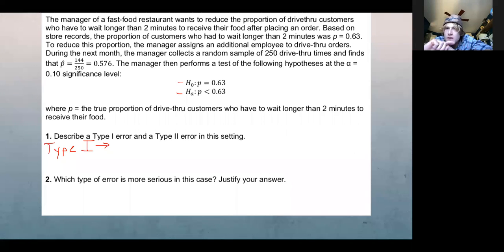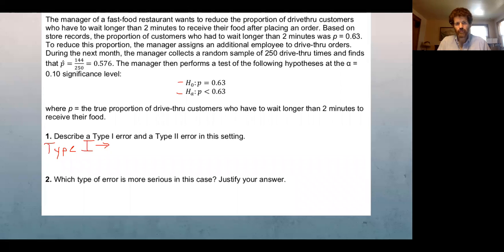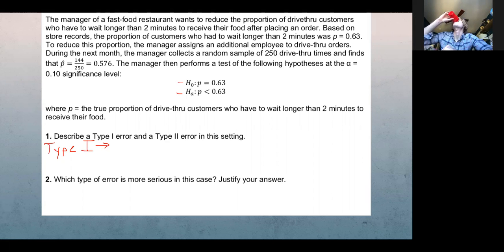He said that the proportion of people that had to wait longer than 2 minutes was less than it actually was. Okay, so we rejected the null when we should not have. And so we're saying that this extra person on drive-through helped when really they didn't. And the proportion is really the same.